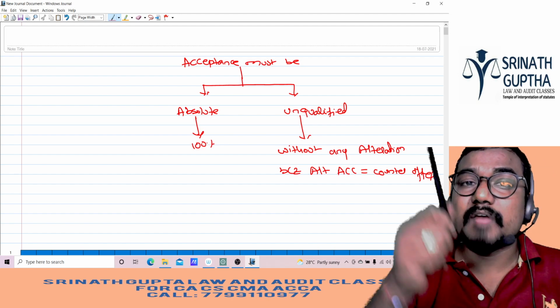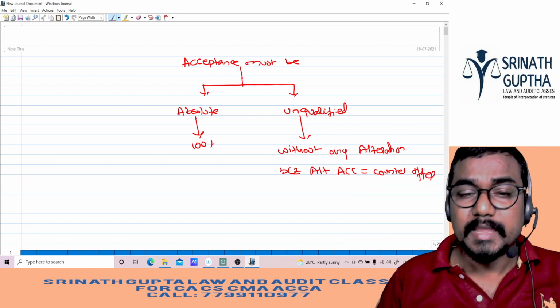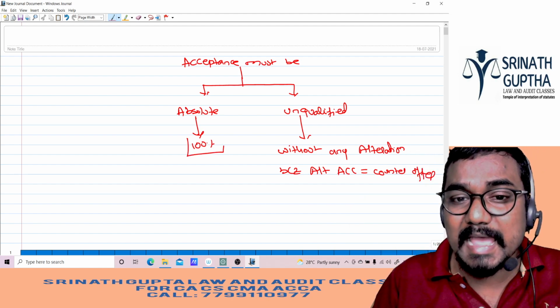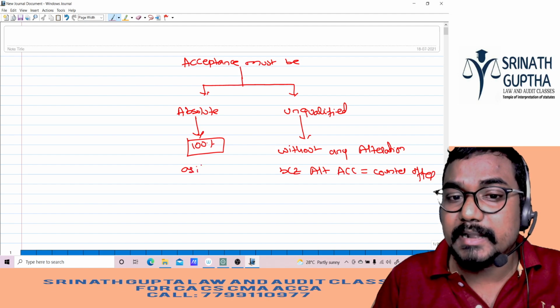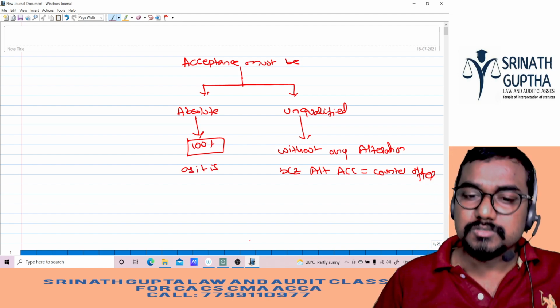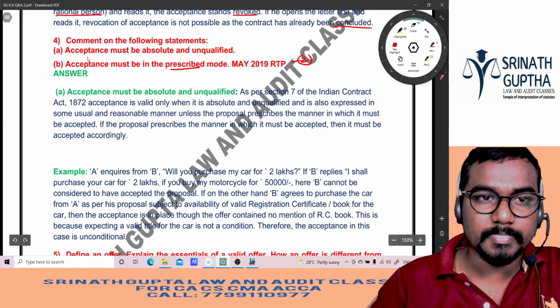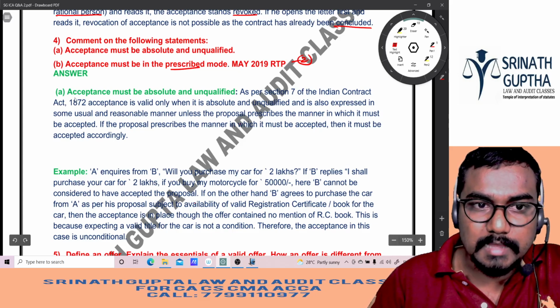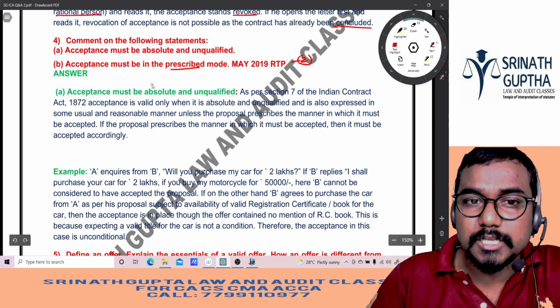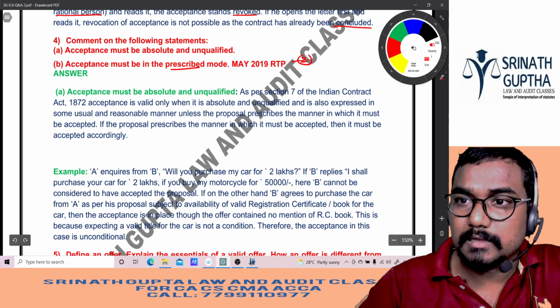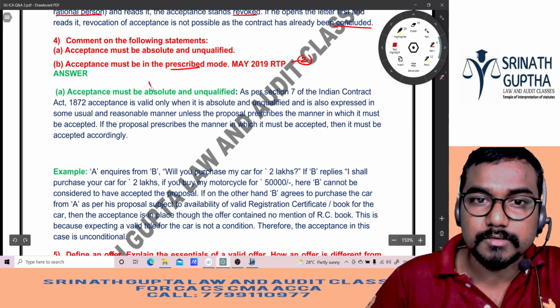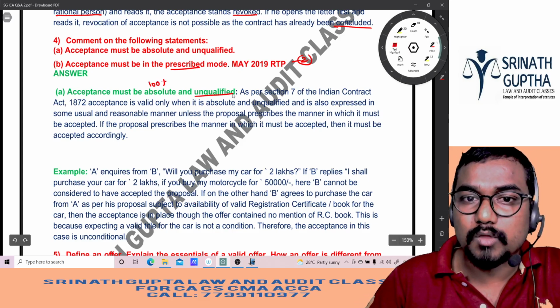Rohit cannot say that I want only the pen for 100 rupees. It must be accepted as it is. So the above statement is true: acceptance must be absolute and unqualified.